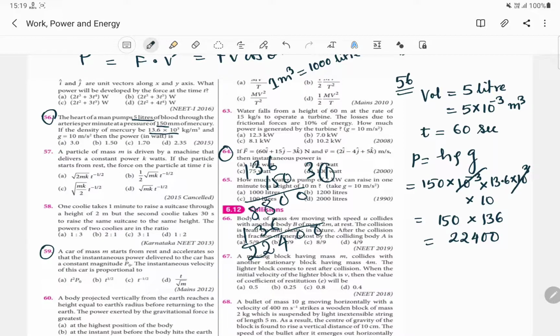Okay, this will be the pressure, blood pressure. And usually we know the pressure is measured in terms of Pascal. This will be in terms of Pascal.